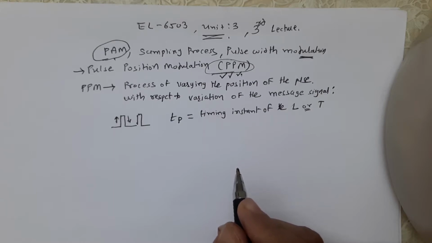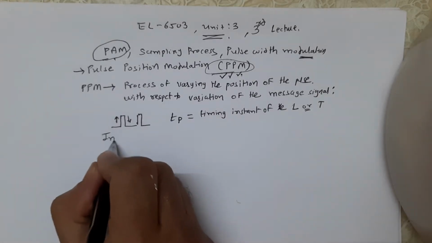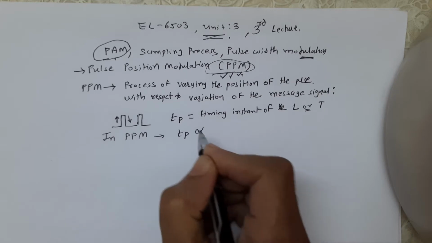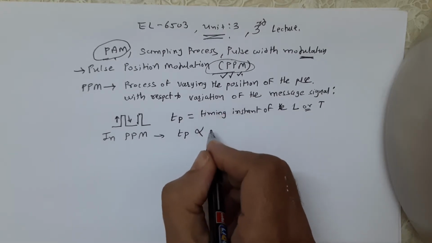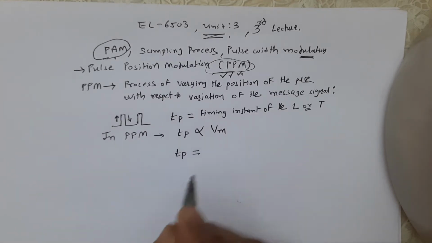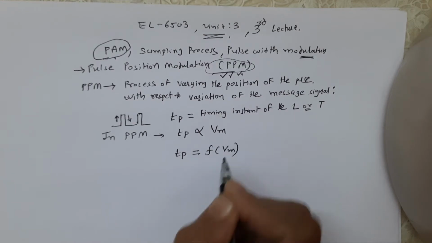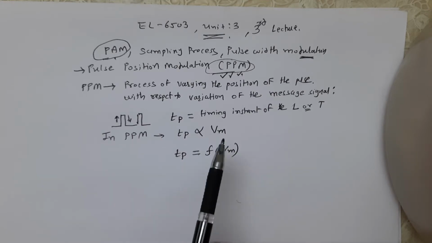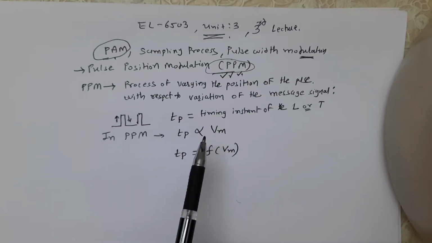Therefore, in pulse position modulation, this Tp is directly proportional to Vm. Mathematically, the position of the leading or trailing edge of the pulse in a PPM signal is given by Tp equal to function of Vm, that means message signal amplitude.